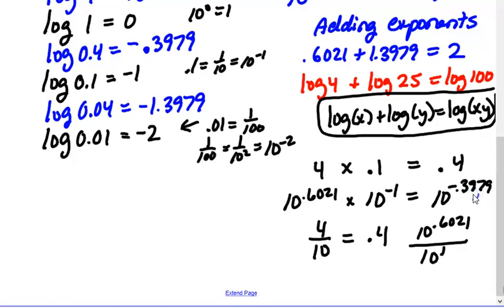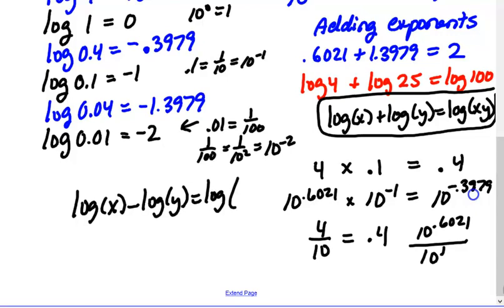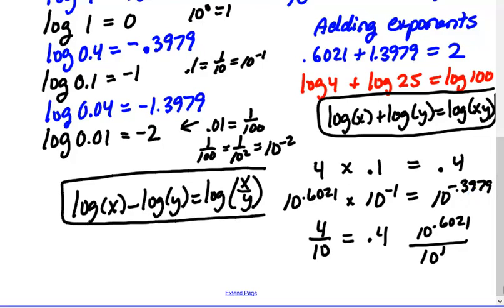So it's also true that log of x minus log of y is equal to log of x over y. So that's another thing that we can do with logs. So we'll look at some more interesting log properties as we go.